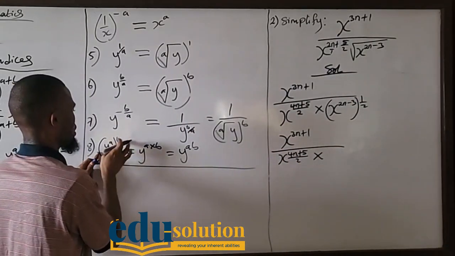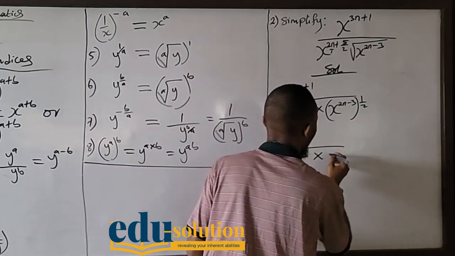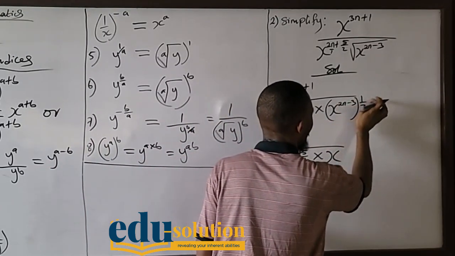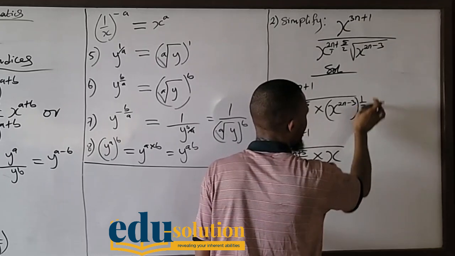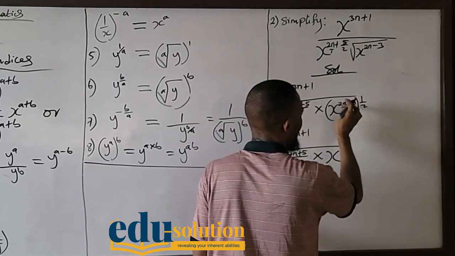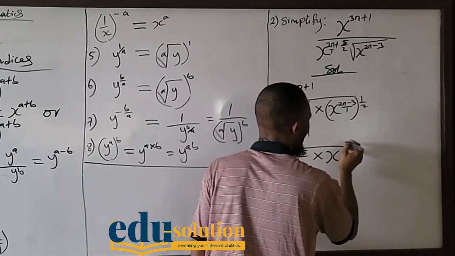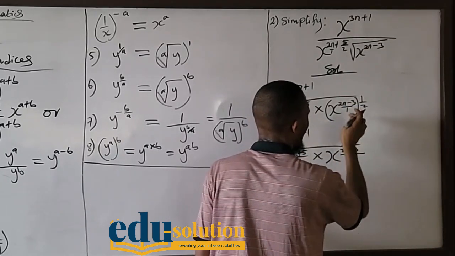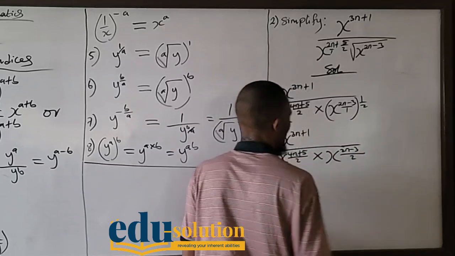If power multiplies power, the numerator multiplies this, as if I'm saying over 1. So this multiplied by 1 is going to give us 2n minus 3, and then over 1 multiplied by this is going to give us 2.